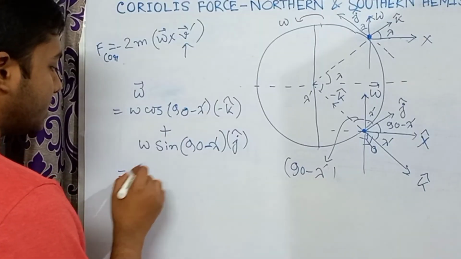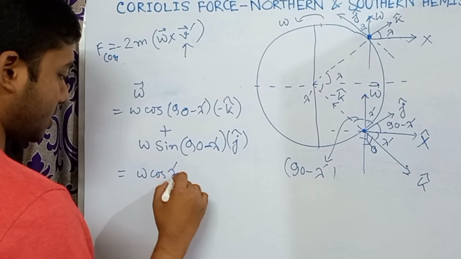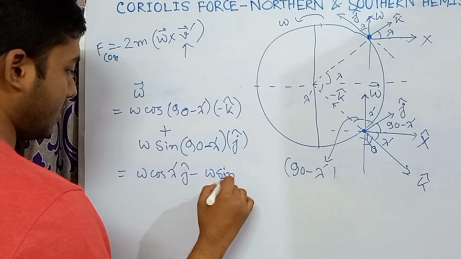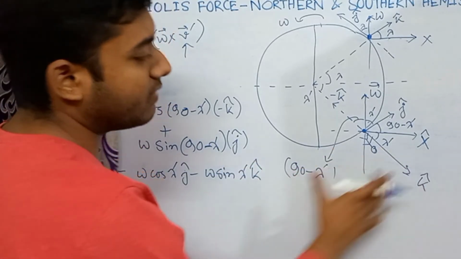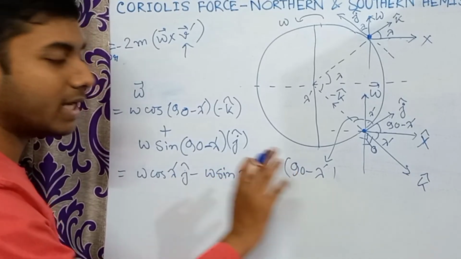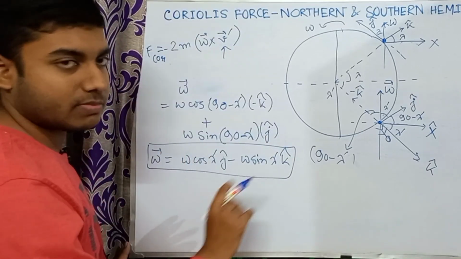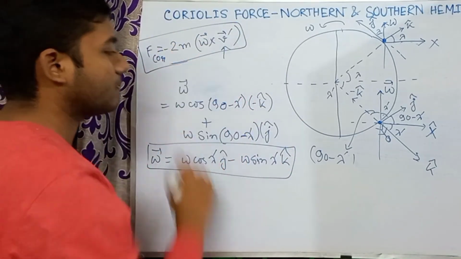So if we solve this, then we get omega cos lambda dash j cap minus omega sin lambda dash k cap. As I have written previously, this is the expression omega cos lambda j minus omega sin lambda k, the expression of omega vector for southern hemisphere, and using this you can easily calculate the Coriolis force.